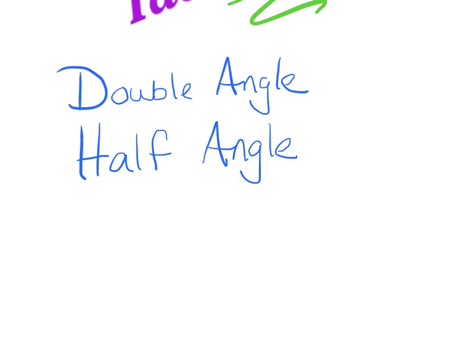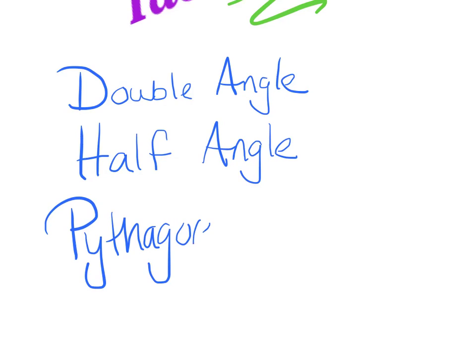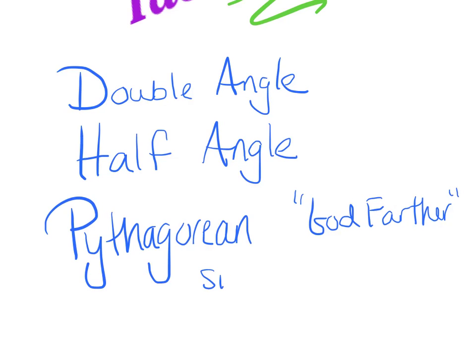And lastly, the other identities that you have to be familiar with are the Pythagorean identities. Those are the ones we said you have to remember, also known as our godfather of trigonometry rule. Hopefully you'll recall sine squared theta plus cosine squared theta equals 1.